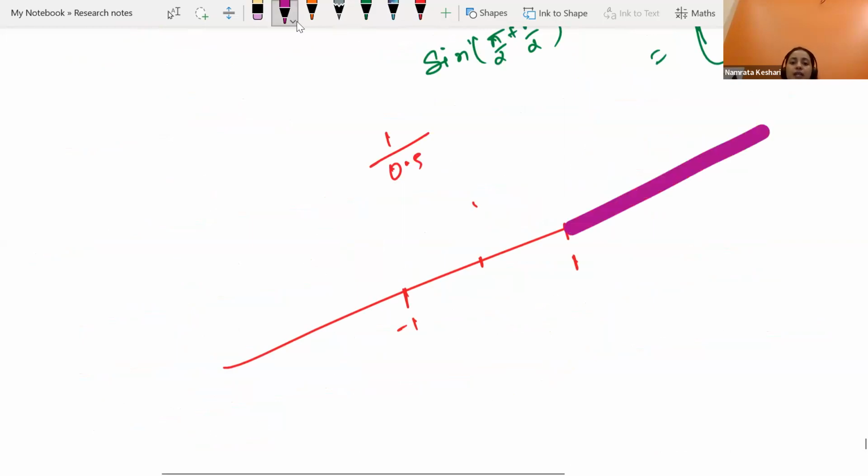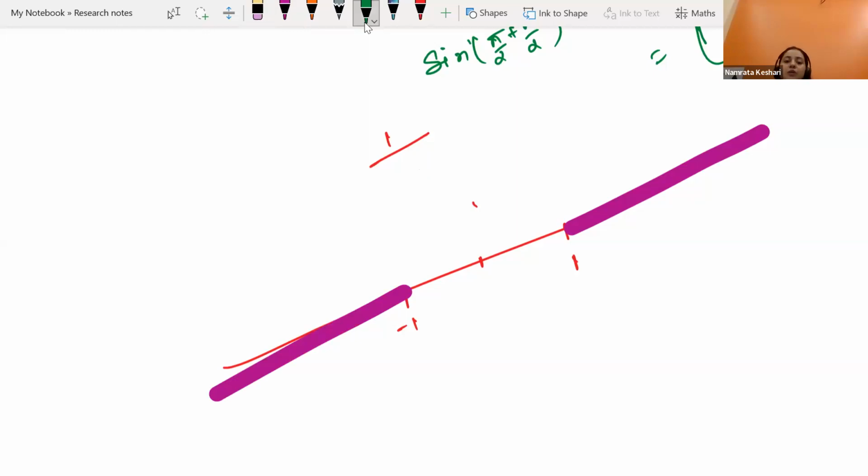You take minus 0.009, you will get a huge negative number. So for any number taken from this particular area, your output will be in this purple range.